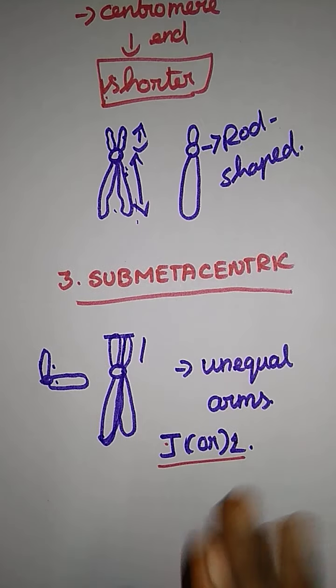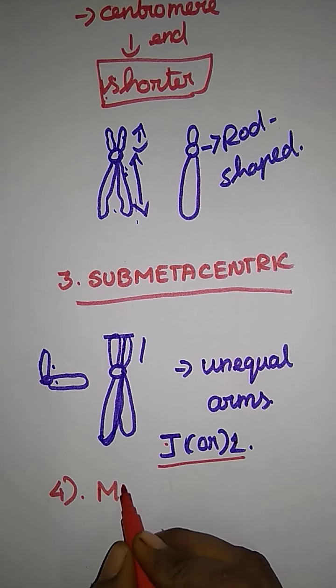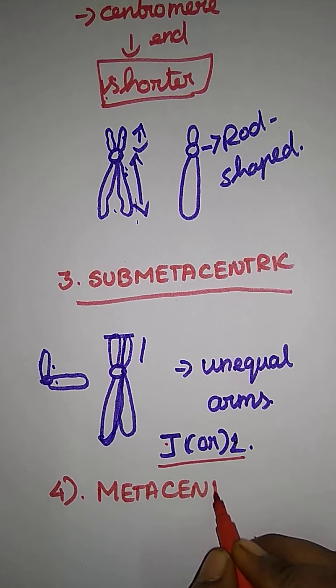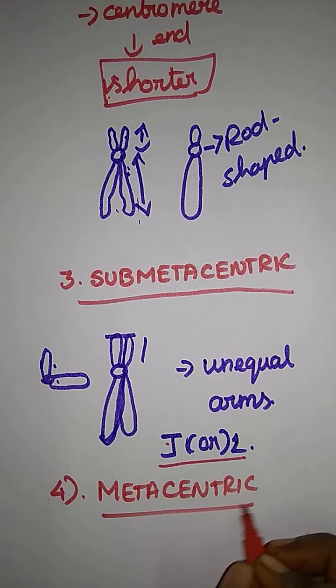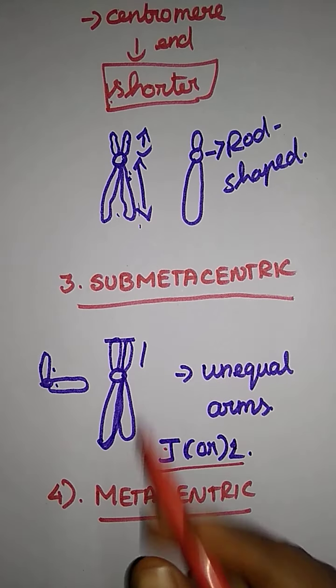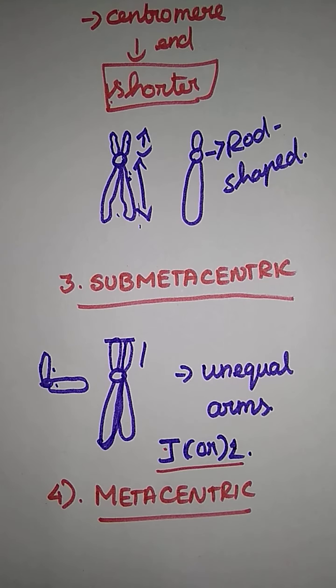Last, the fourth one is the metacentric. Here, metacentric. Meta, we already said, means beyond. Here in a submetacentric the centromere is just near to the center. In a metacentric, they are present equally.